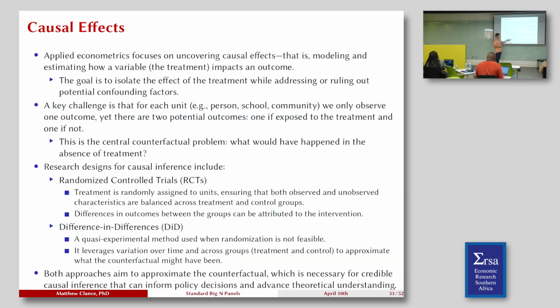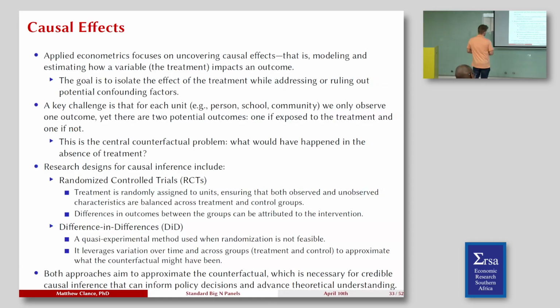So the quasi-experimental method is used when randomization isn't really feasible. Think about it as not randomization in the most common sense that you would think of, but we can leverage the fact that we see differences across groups and differences across time, and then if we take those two differences and difference them, we get what's referred to as a difference in difference effect.